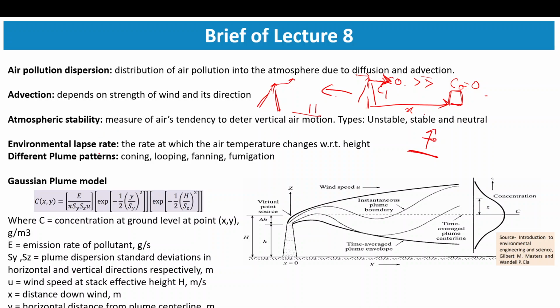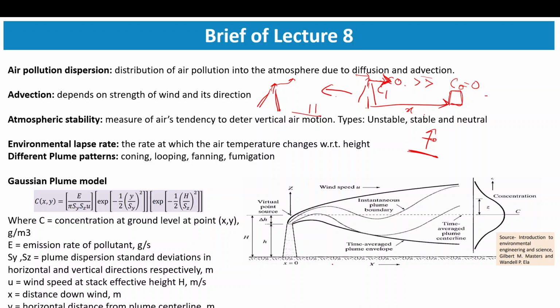Depending on that, the pollution which is generated can travel in different patterns in the atmosphere. Usually what we assume is that there is a stack or chimney from which the pollution is generated and travels.